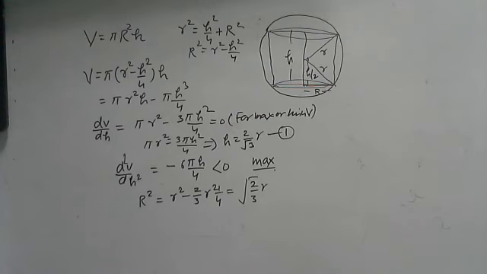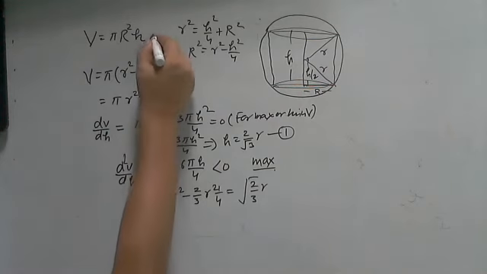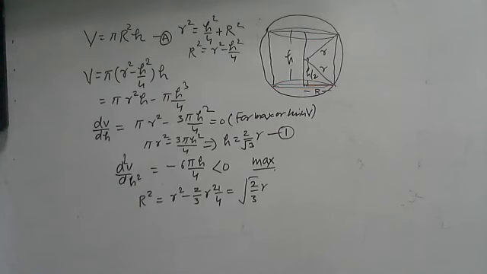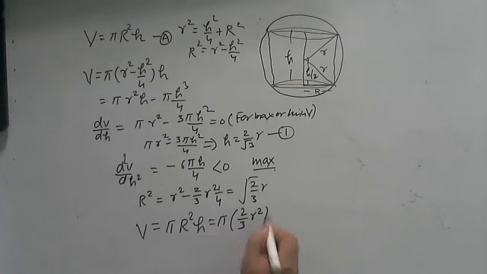Now let us substitute the values of r square and h in the volume equation, which was supposed to be equation A, both in terms of R. So V is equal to pi r square h, which is pi times 2 upon 3 R square into 2R upon root 3.